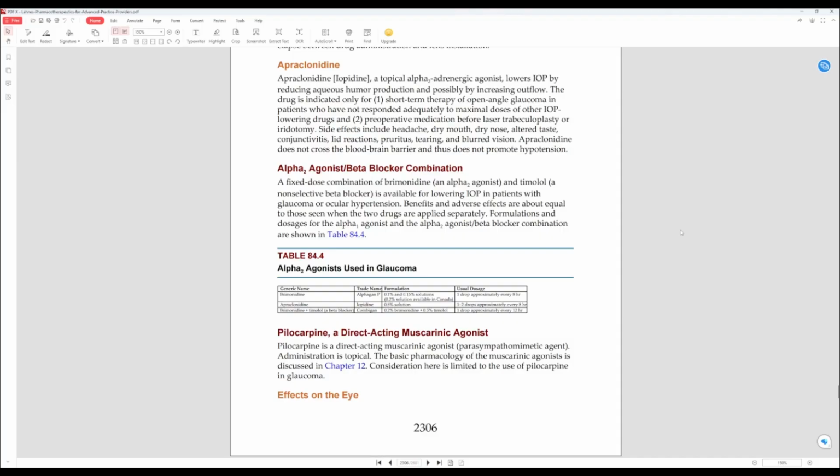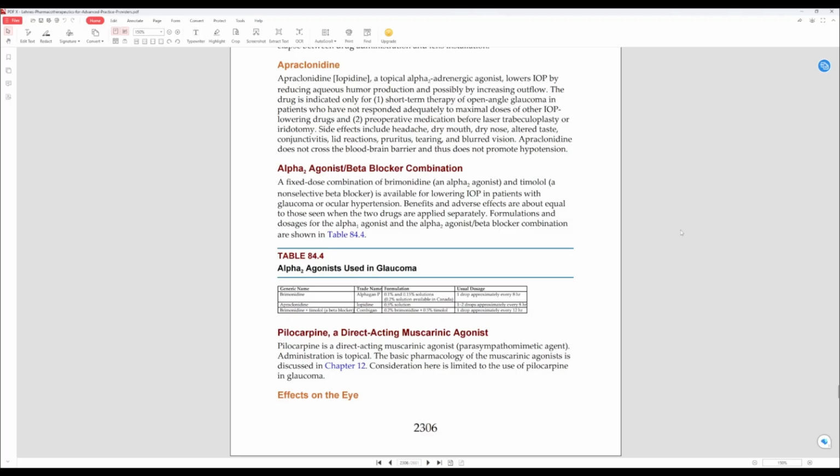Apraclonidine, or Iopidine, is a topical alpha-2 adrenergic agonist that lowers IOP by reducing aqueous humor production and possibly by increasing outflow. The drug is indicated only for short-term therapy of open-angle glaucoma in patients who have not responded adequately to maximal doses of other IOP-lowering drugs, and secondly, as preoperative medication before laser trabeculoplasty or iridotomy.